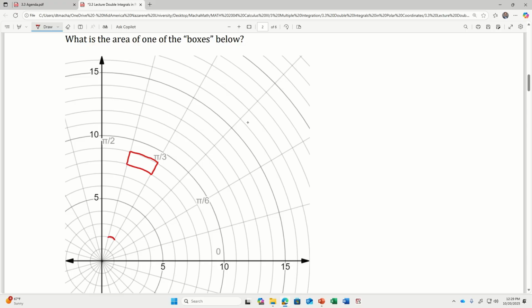We're going to call this the change in theta, and we're going to call this length of the box a change in r. What is this length along the box? It would be r d theta. And so the area of the box would be r times dr times d theta.